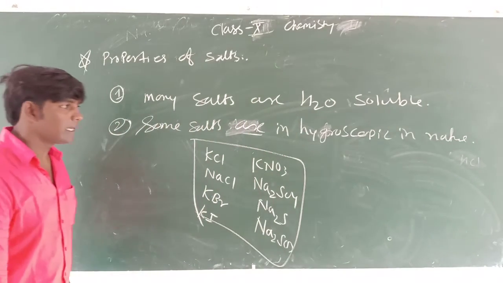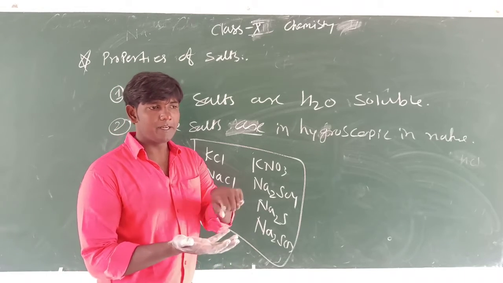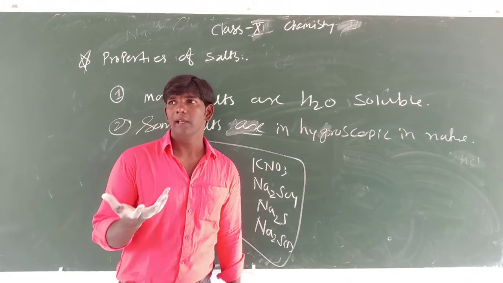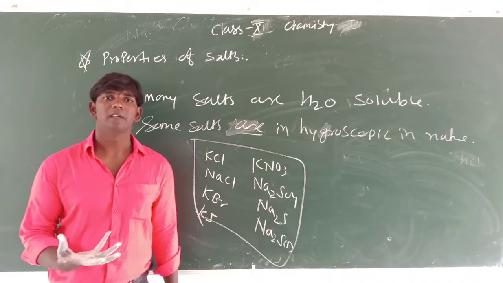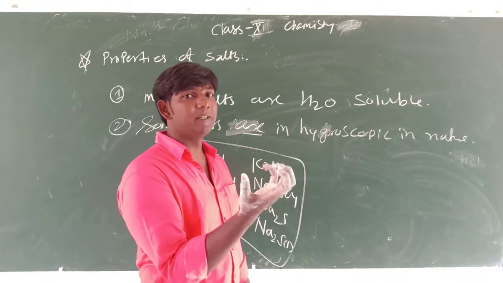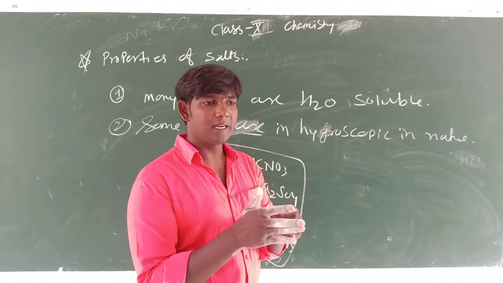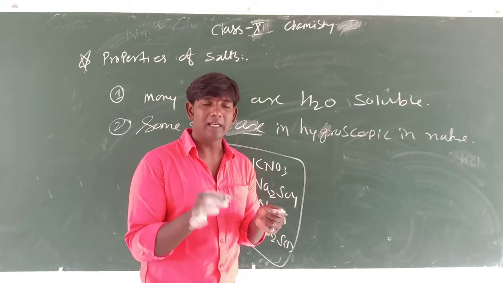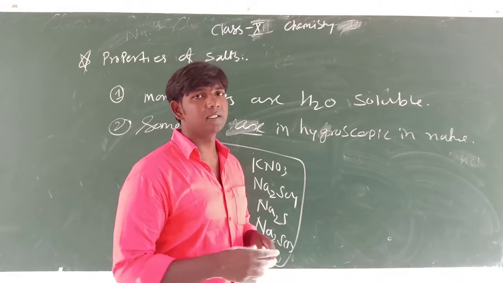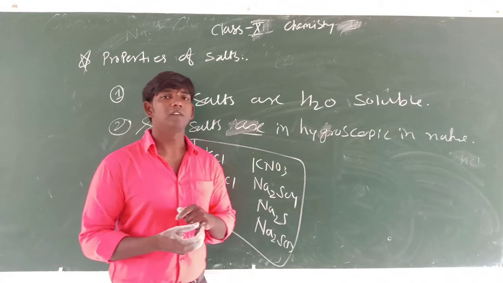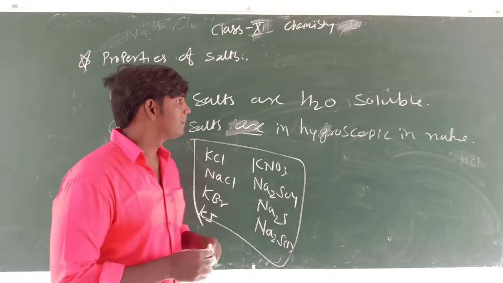Hygroscopic is the property that if you take a salt and keep it open, this salt accumulates moisture from the air or atmosphere and becomes semi-solid. Some salts get dissolved or melted and some are left behind. That is called hygroscopic in nature. Generally salts which absorb moisture and become semi-solid are called hygroscopic. Okay.